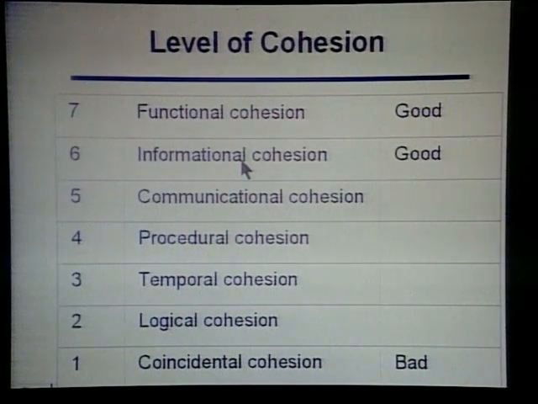Informational cohesion, of course, is again a good type of cohesion. So as a designer, you should be striving for modules which have a high level of cohesion. It is very important to understand the meaning of these different levels of cohesion. We will discuss each of these levels in detail with examples to clarify the concepts.